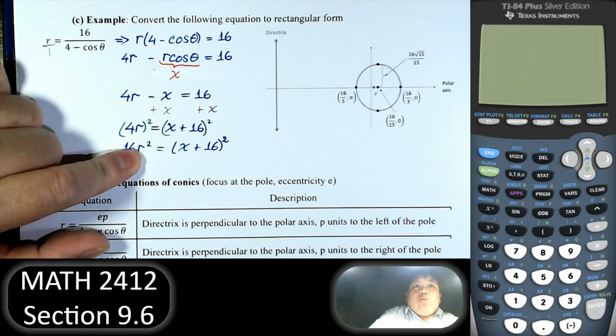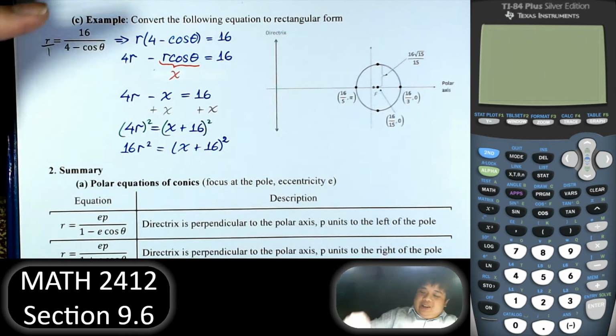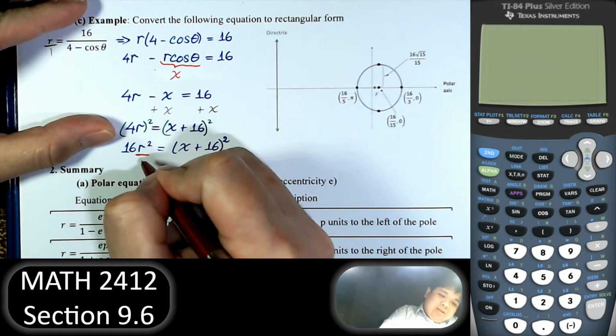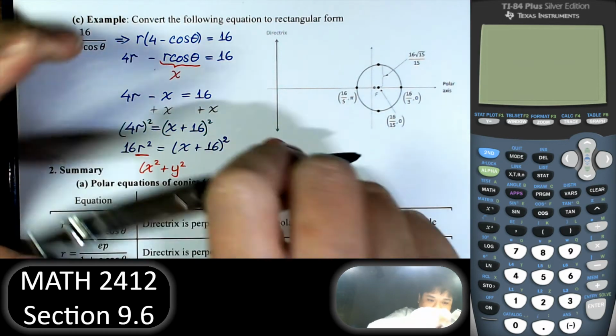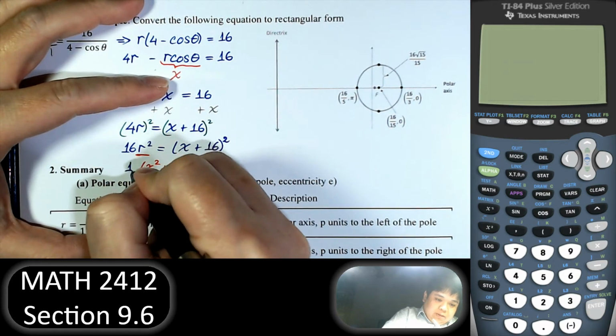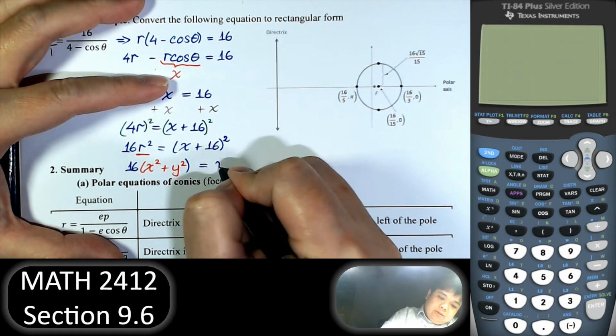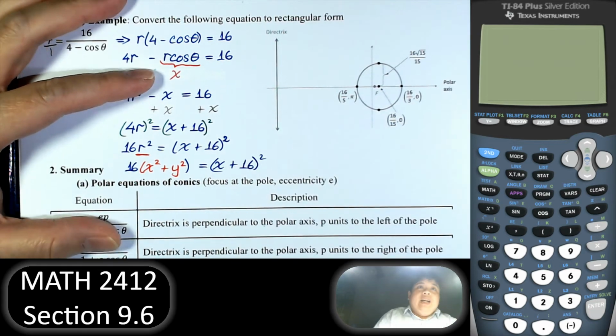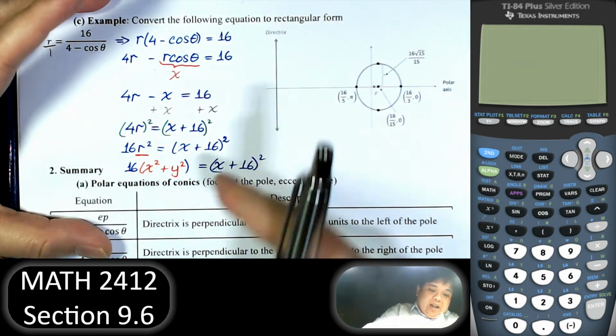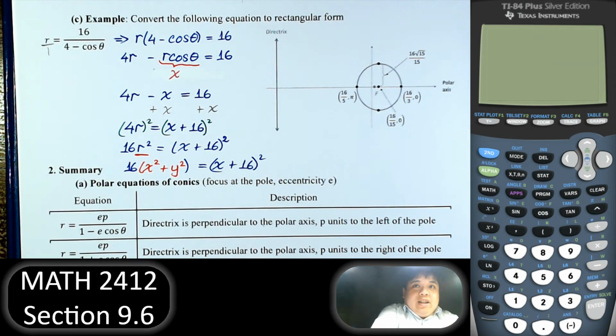And finally, r squared is x squared plus y squared. Of course, we turn the equation into an equation that only has x and y in it.